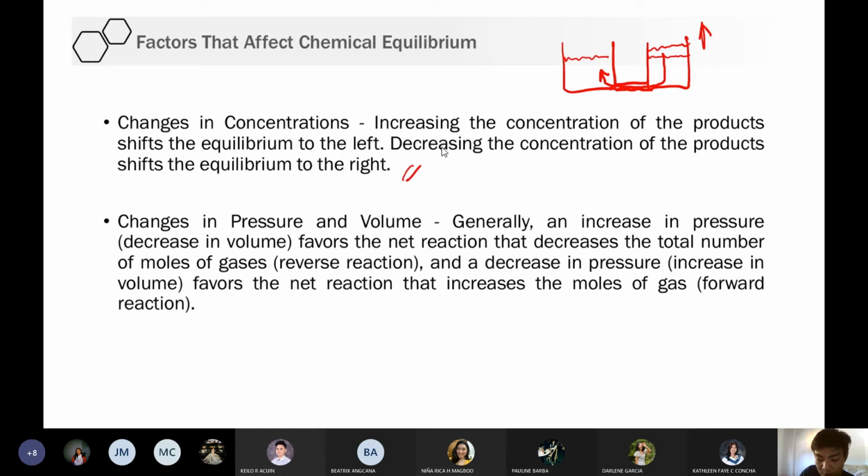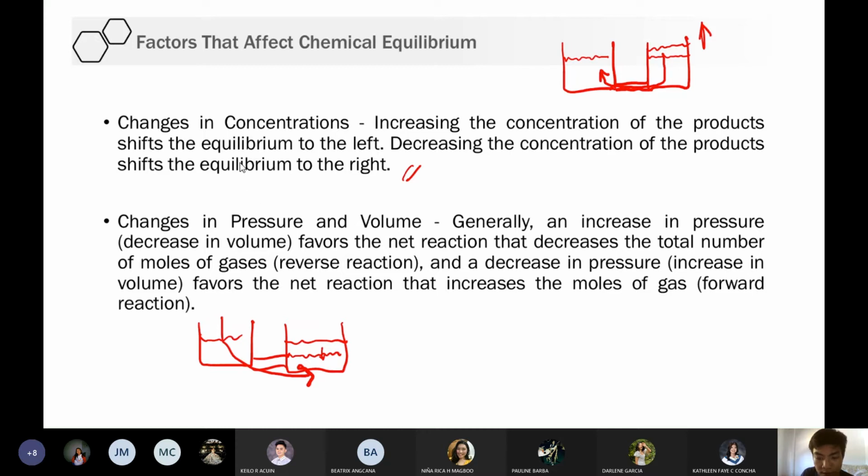Suppose we have the same water bucket, so they have the same water line. If we decrease the amounts of the products, then the water on the left side has to go to the right side in order to achieve balance.